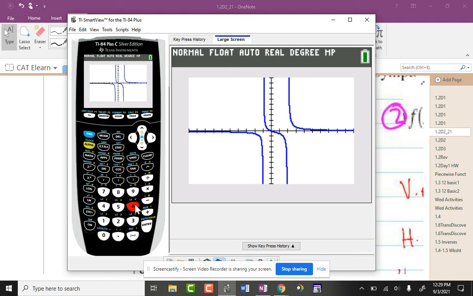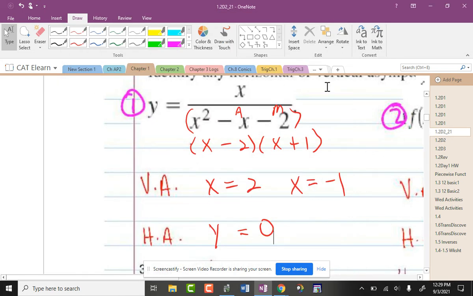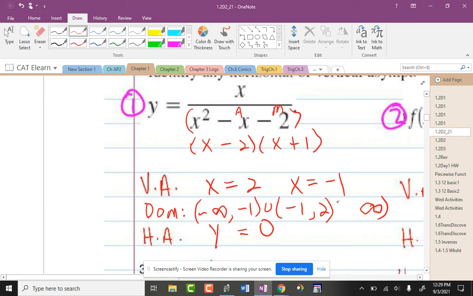But, okay, let's talk about the domain. Obviously, the interruptions in the domain are there. So let's go to the domain and annoyingly write what the domain is. Domain. It is -infinity to infinity, but I cannot have -1 in the domain, nor can I have 2 in the domain.